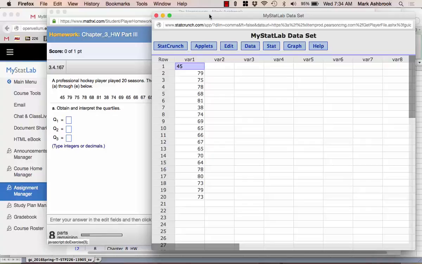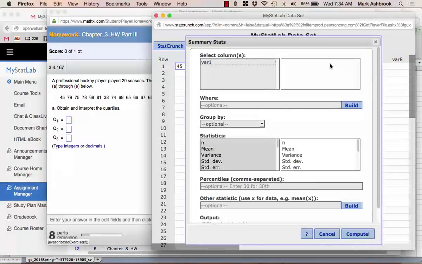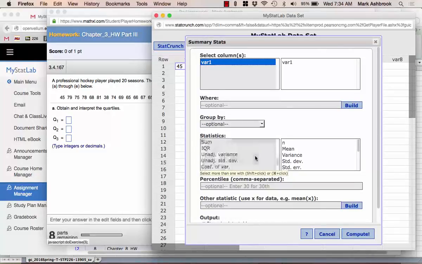Okay, so then we're going to go to Stat, Summary Stats, Columns, Variable 1, and we want to make sure we have everything we want for the 5-number summary. So the median, first quartile, third quartile. Was there something else? I think IQR, is that in there or not?